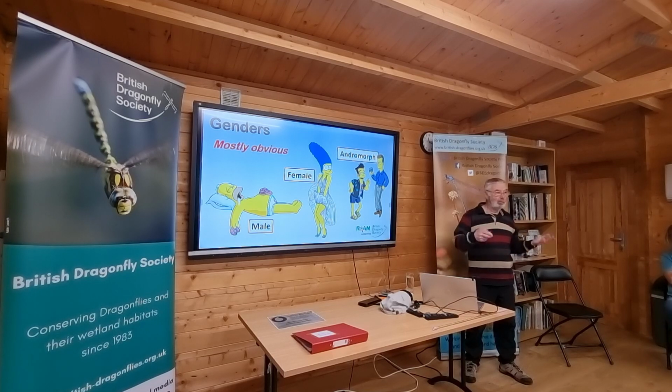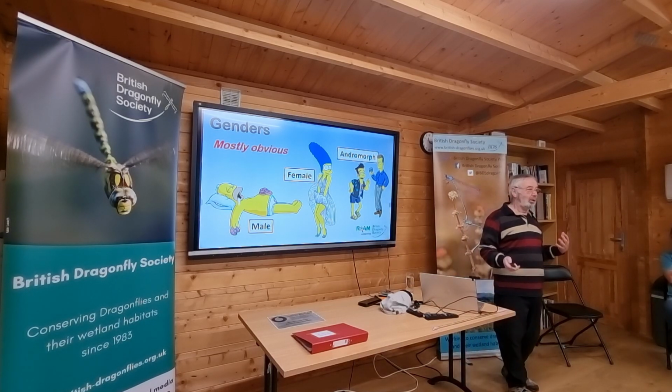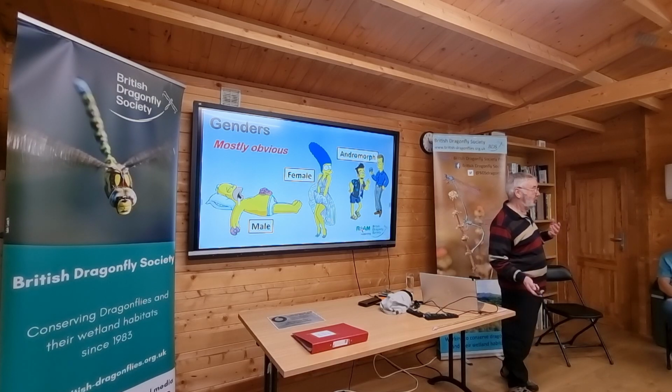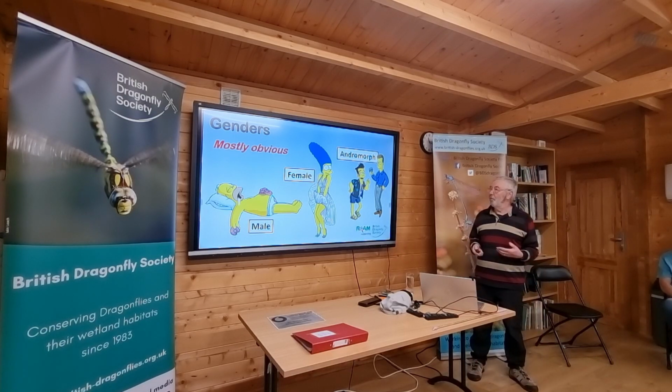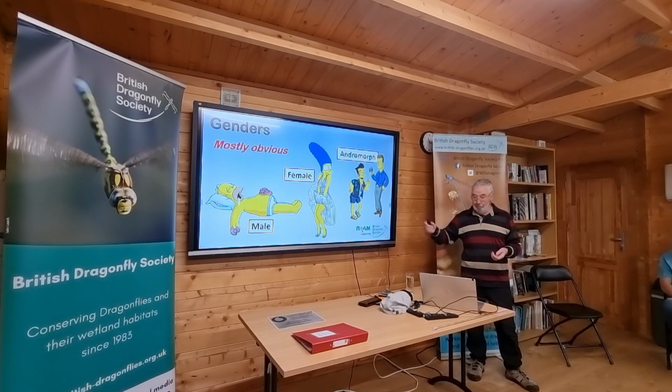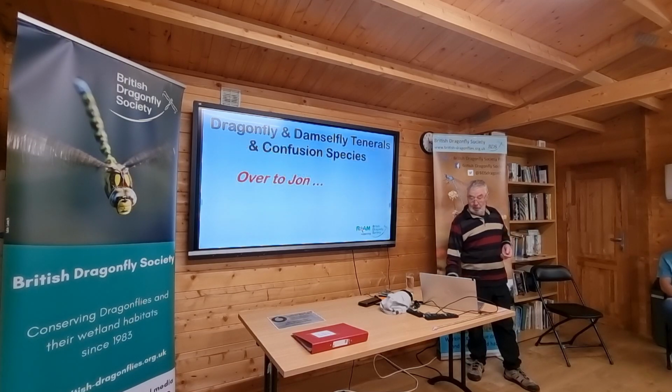Males and females, we're going to show you how to recognise those, and don't be surprised at some of the features you might see on some of the damselflies and dragonflies, and you can sometimes get some that don't quite fit. So really, from now till the end, it's over to Jon.